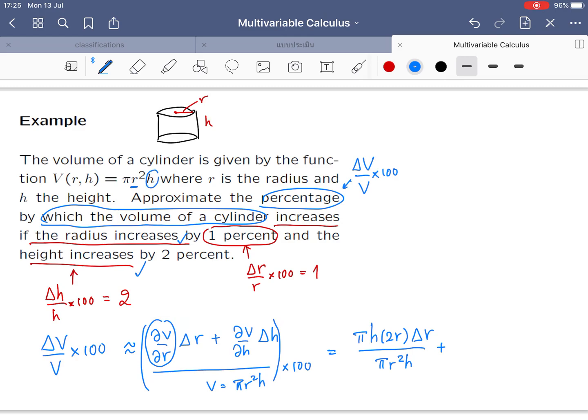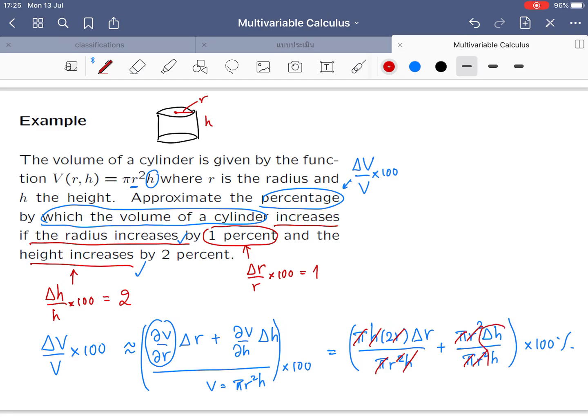Now here h is the variable, so you have pi r square, and the derivative with respect to h is 1, and then delta h over pi r square h, and you multiply by 100%. If you look at it carefully, the pi cancelled, the h cancelled, and the r, one of them also cancelled. The pi cancelled, the r square cancelled.